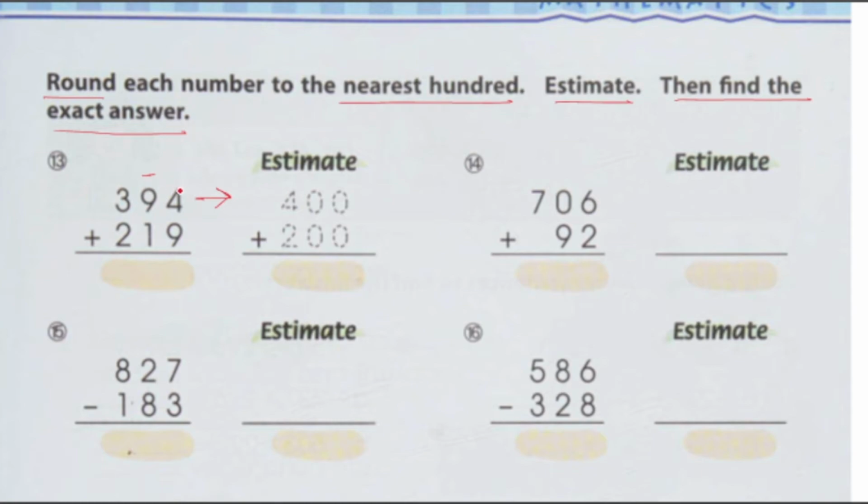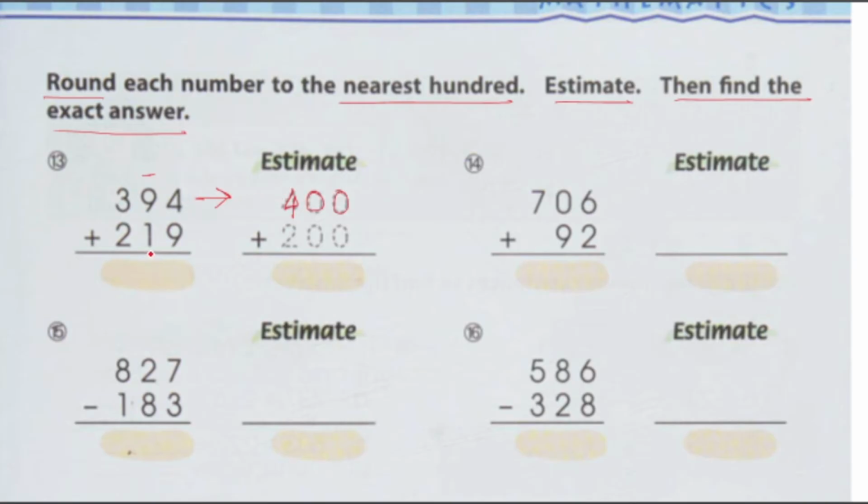And these two numbers will change to 0. So we will get 400 in this case. Because 9 is more than 4, so it will change. That means we will get 3 plus 1, that is 4.